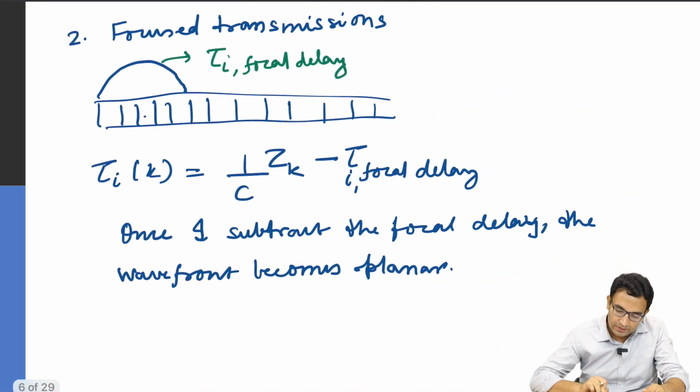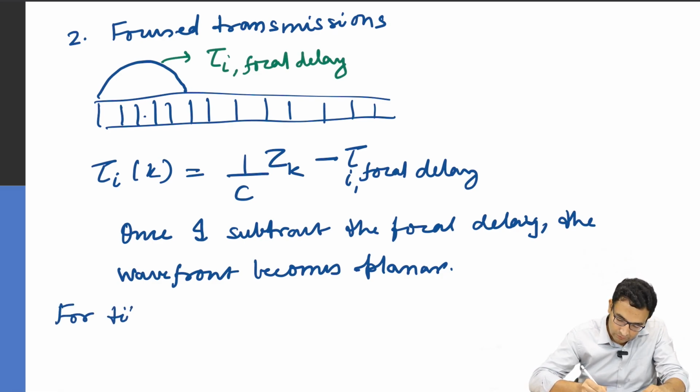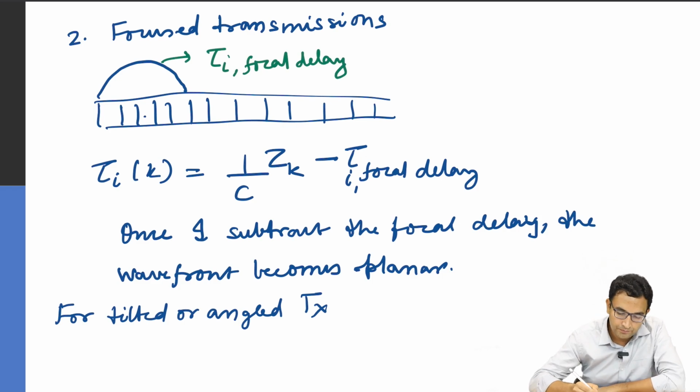And similarly, for focus transmissions, for tilted or angled transmission, right? Which means that this is like behaving like a phased array.